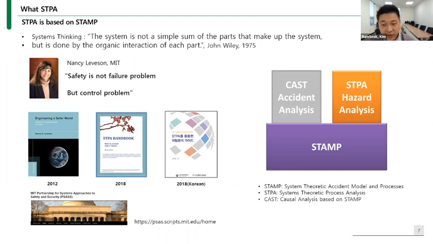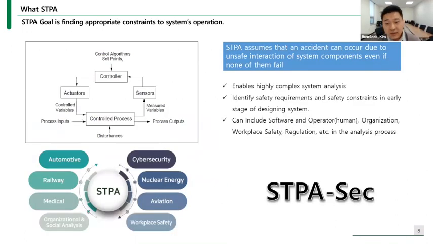It was created by Nancy Leveson, an MIT professor, in 2012. A little over a decade later, many studies have been conducted, and it has been proven and verified to be effective in many fields. The concept of STPA is based on a control loop: control the controlled process through the actuator and get feedback through the sensor.